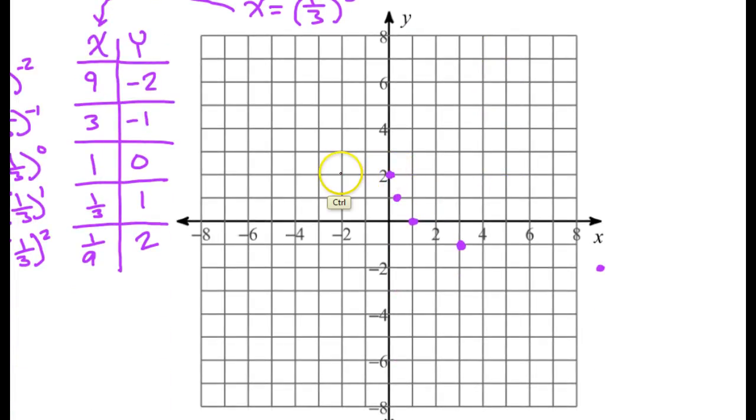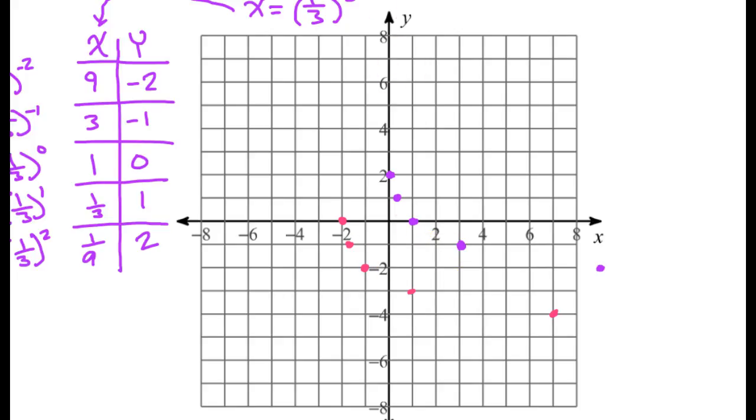Okay, so left 2 and down 2 will be like here. All right, left 2 and down 2, this will be about here. Okay, the next one will be here, and the next one will be here. And the next one, again, left 2 and down 2 will be here. So here are the same 5 points.